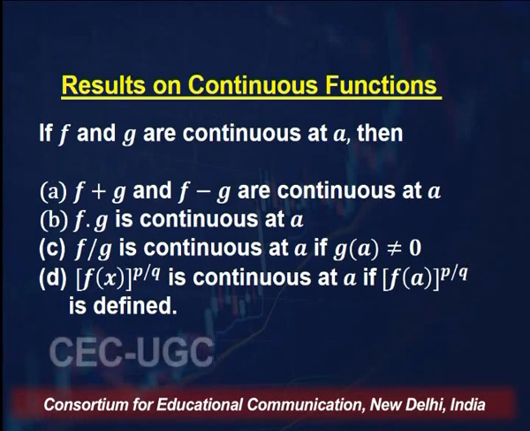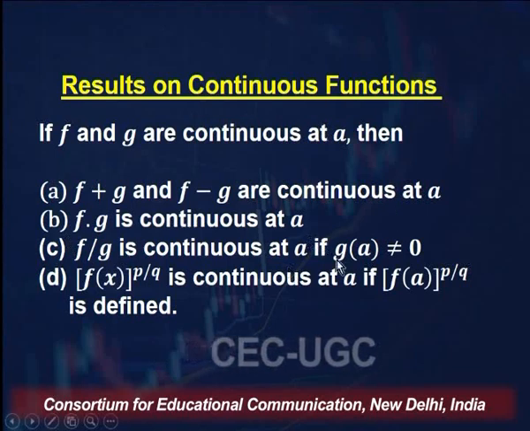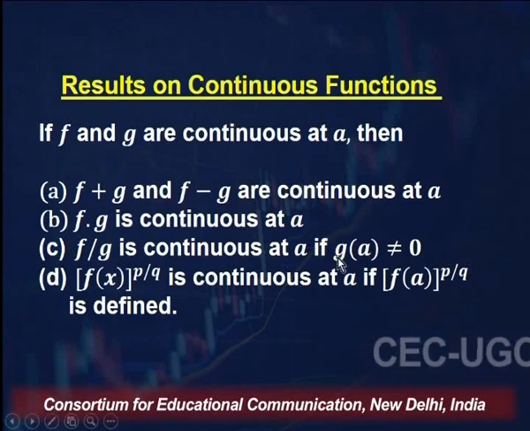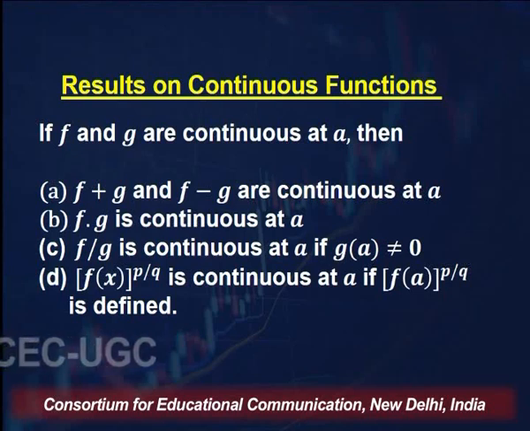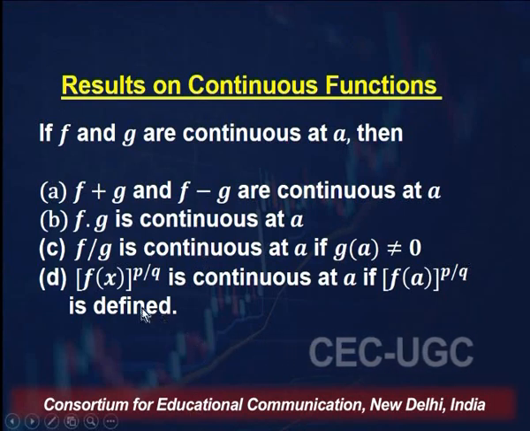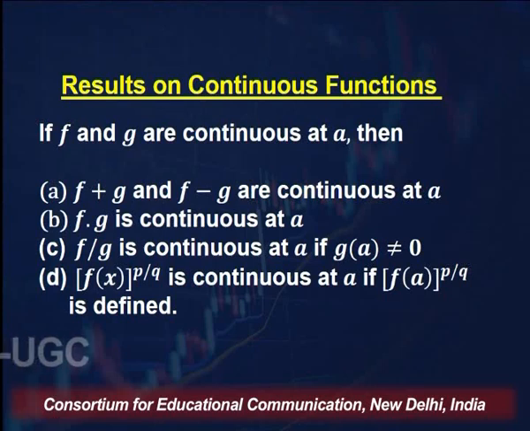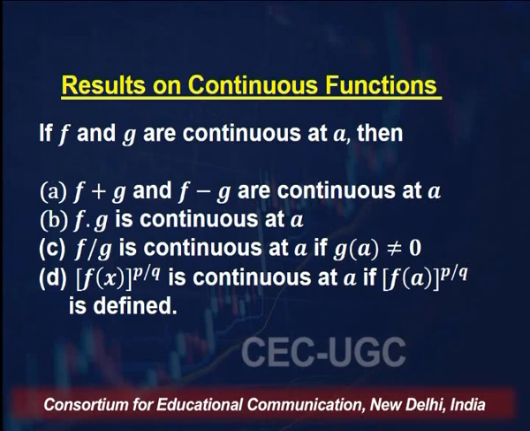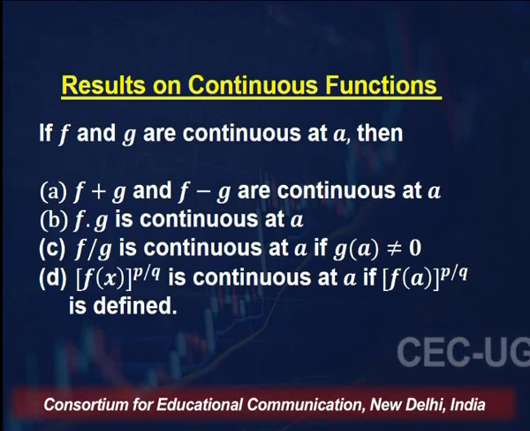F divided by g is continuous at a, as long as, remember, the denominator is not 0. Okay, so f by g is continuous at a as long as the denominator is not 0. And finally, f of x to the power p by q is going to be continuous at the point x equal to a, if f of a to the power p by q is defined.